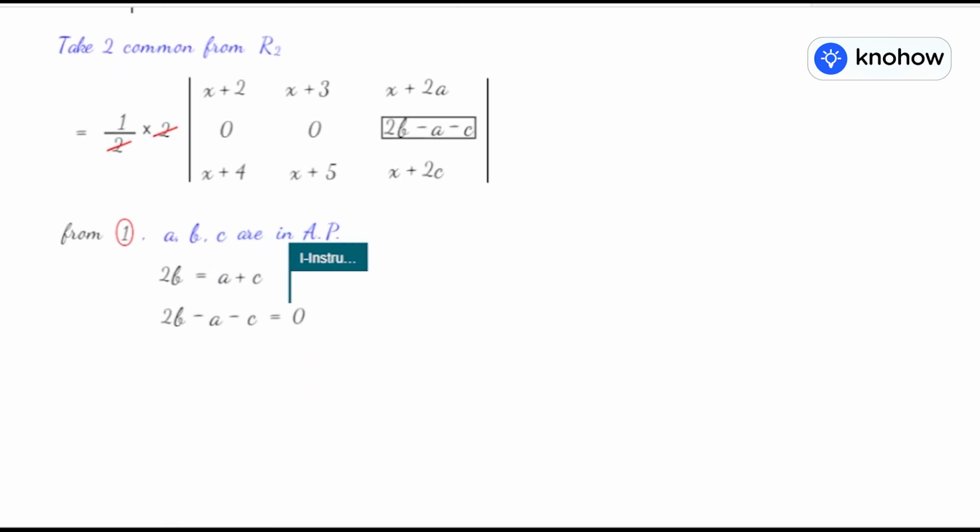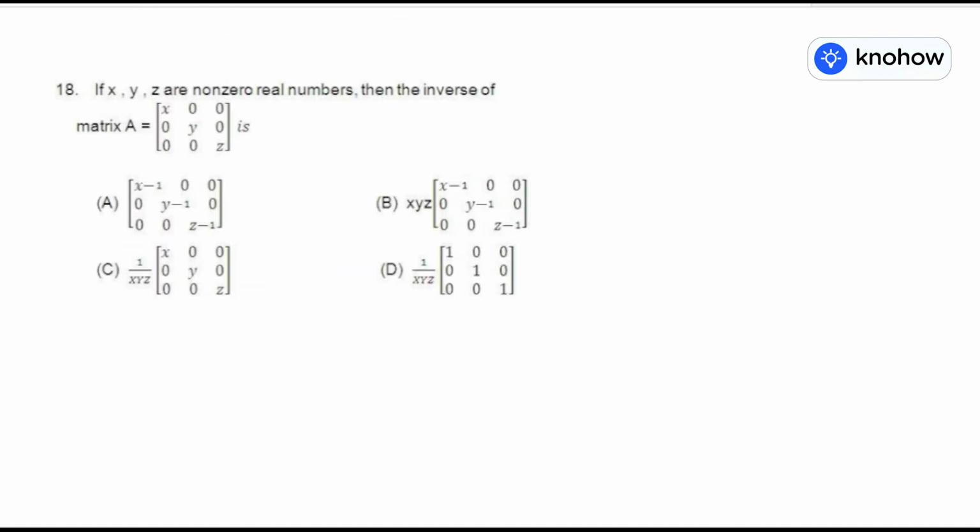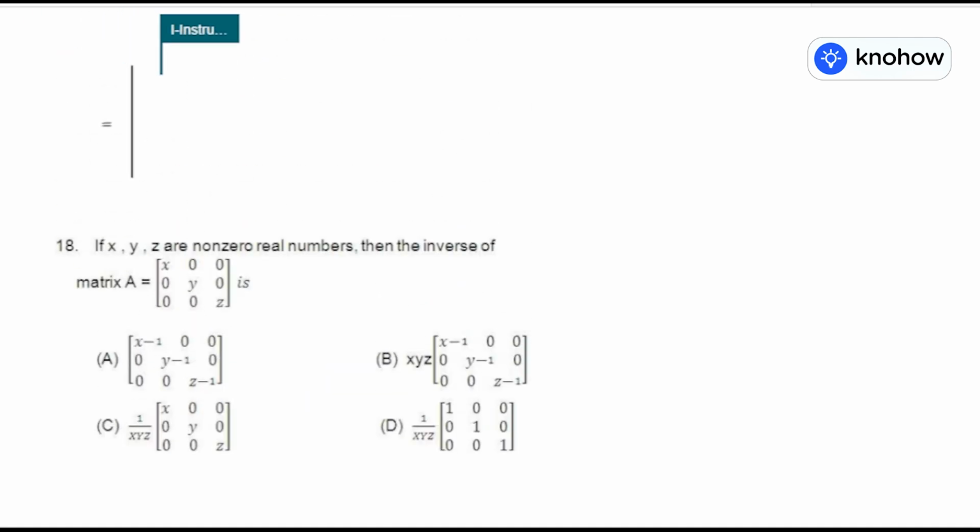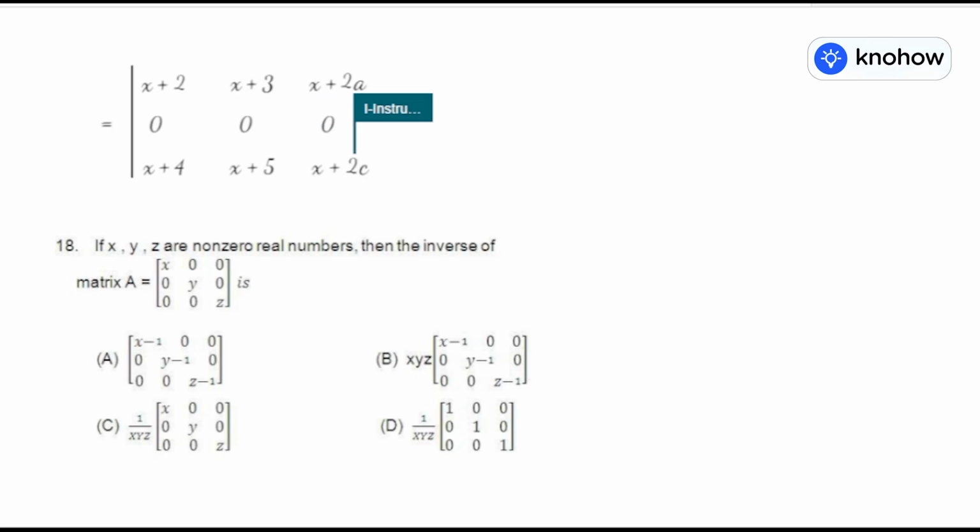So replacing this result in the determinant, you get the first row again, that is x plus 2, x plus 3 and x plus 2a as such. And the second row you have 0, 0. And 2b minus a minus c also becomes 0. And the elements of the third row, that is x plus 4, x plus 5 and x plus 2c you keep as such. And now, obviously the value of the determinant is 0.